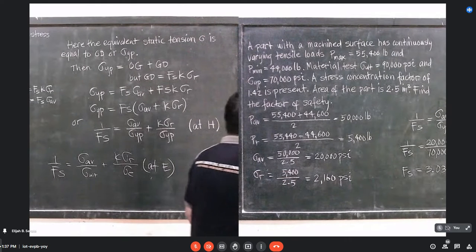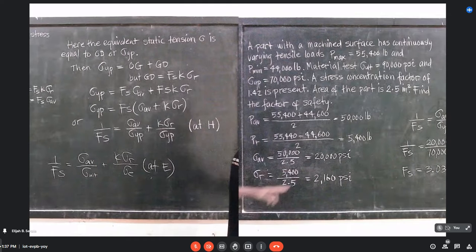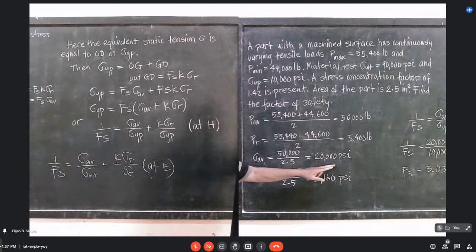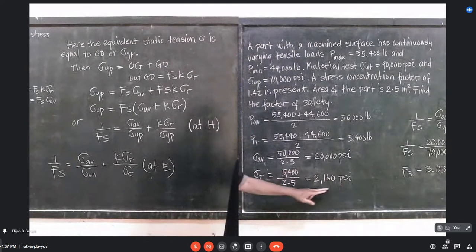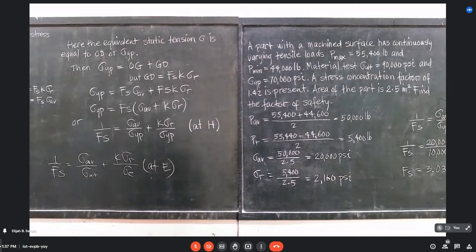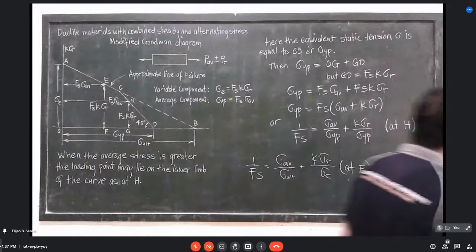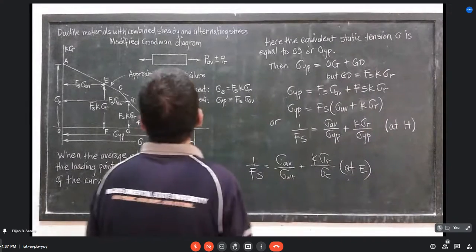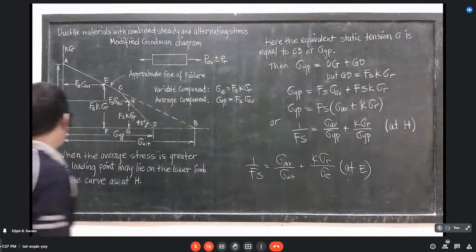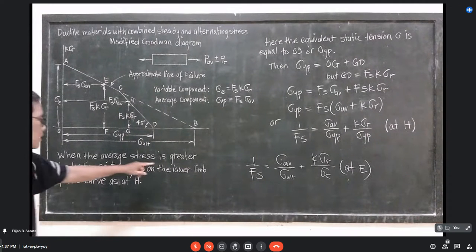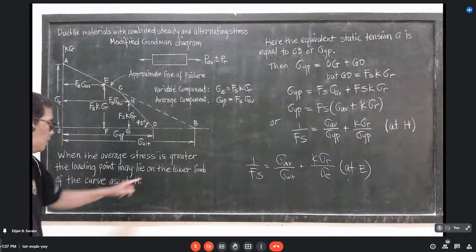Now you will notice that the average stress is very much larger compared to the range stress. That is why, according to also the PDF file, when the average stress is greater, the loading point may lie on the lower limb.